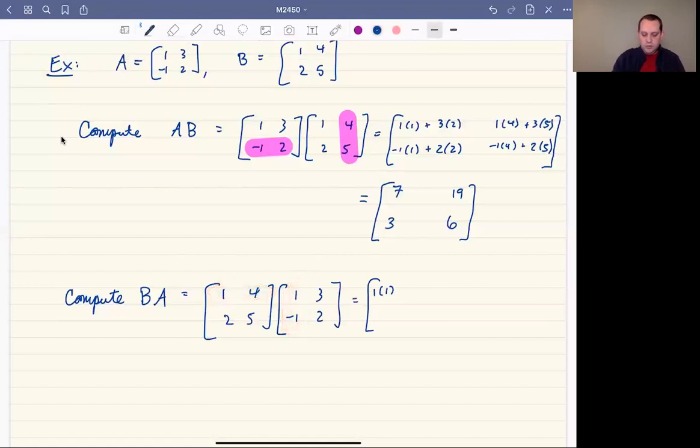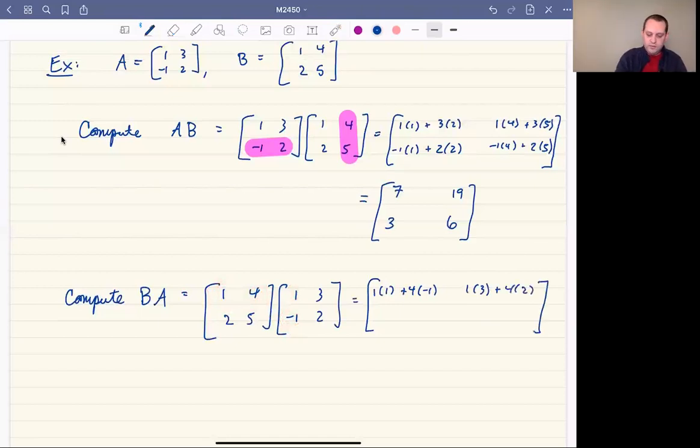So it's going to be 1 times 1 plus 4 times negative 1. And then in the first row, second column, we'll take 1, 4, 3, 2. So that's going to be 1 times 3 plus 4 times 2.